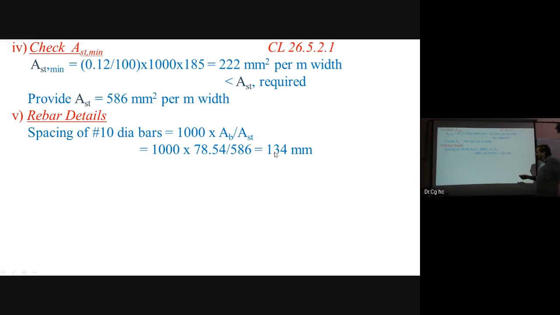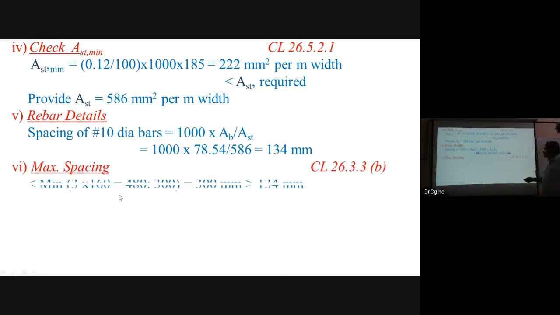I will show you diagrammatically. The maximum spacing is the minimum of 3 into effective depth, that is 3 into 160 equal to 480 millimeter, or 300. We have three answers now. One is the spacing of the bar, 134 millimeter, which we have calculated, another is 3 into effective depth, which is 480 millimeter, and another is 300 millimeter.